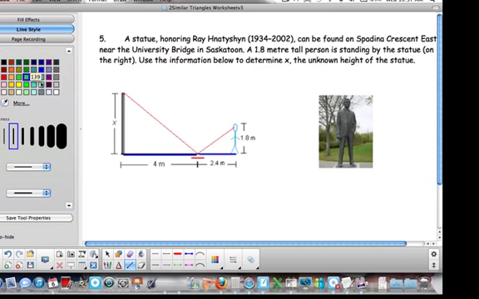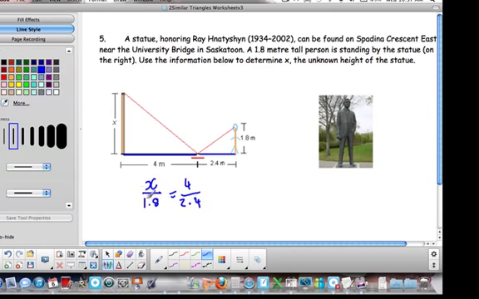And so the x corresponds to the 1.8. So we can write our proportion now. So x over 1.8 is equal to 4 over 2.4.